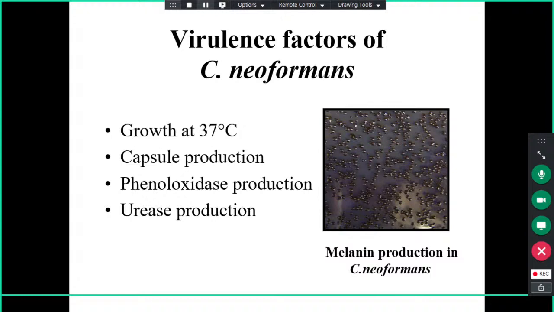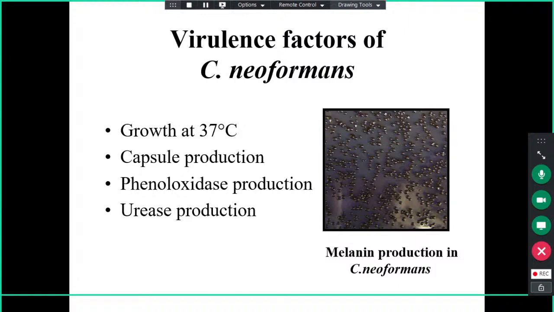And another is phenol oxidase production. Basically, this is the melanin production, that is the phenol oxidase enzyme in the fungi. This also helps the fungi enter the brain, and it is resistant to some of the antifungals also.